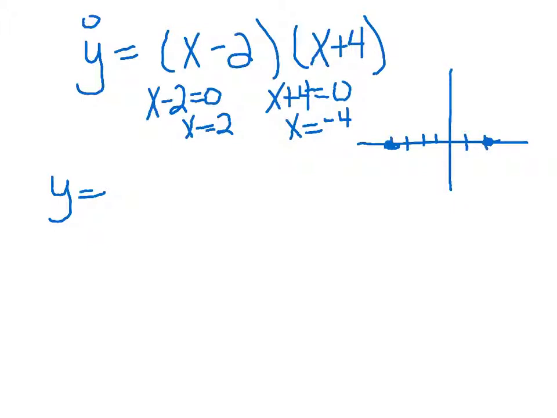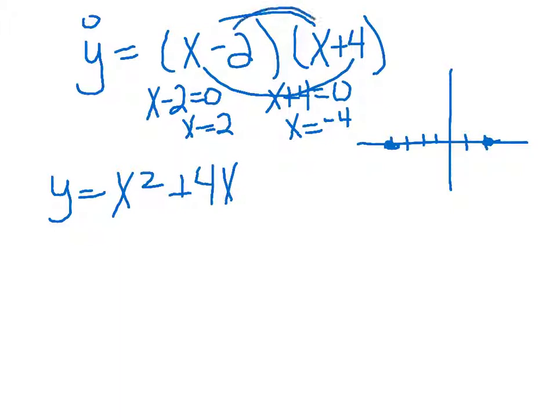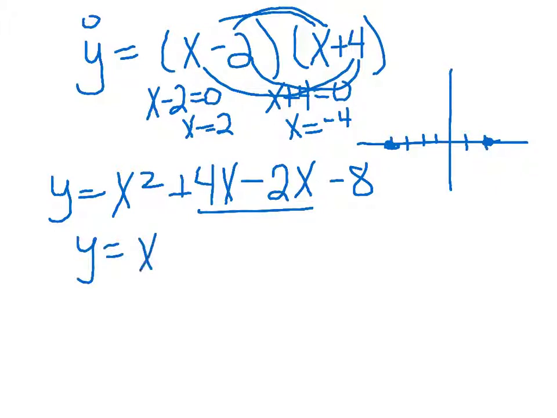So let's do that real fast. x times x is x squared. x times positive 4 is plus 4x. x times negative 2 is minus 2x. And negative 2 times 4 is negative 8. Combine these like terms: y equals x squared plus 2x minus 8.